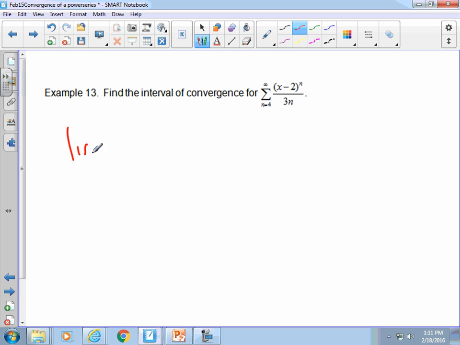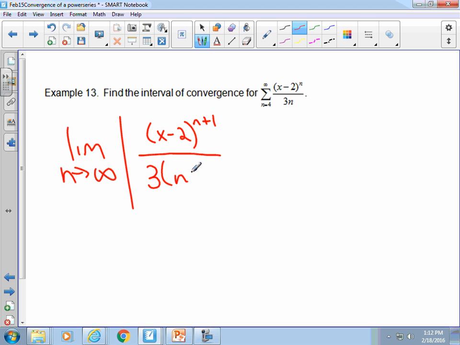So I'm going to do the limit as n approaches infinity. I'm going to go ahead and flip and multiply if that's okay with you. So we're going to do that so many times.